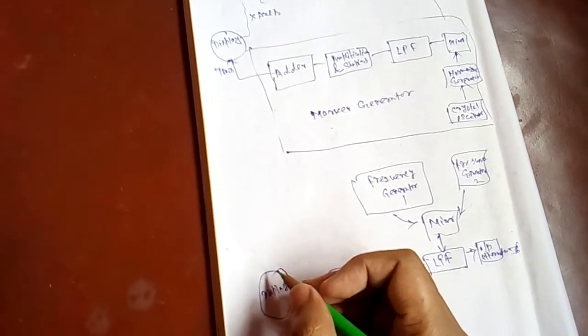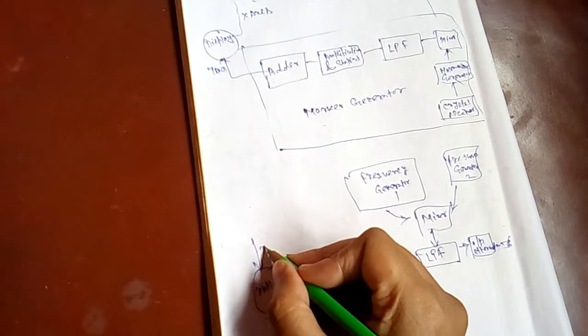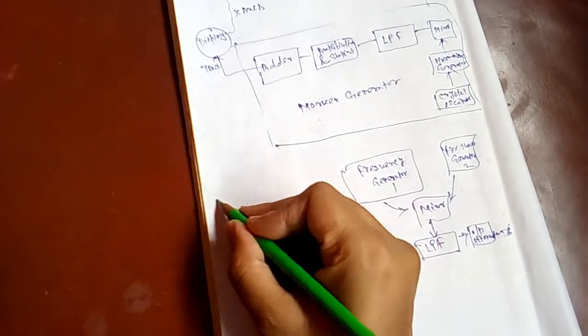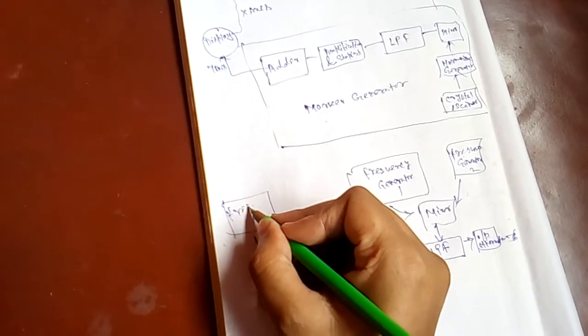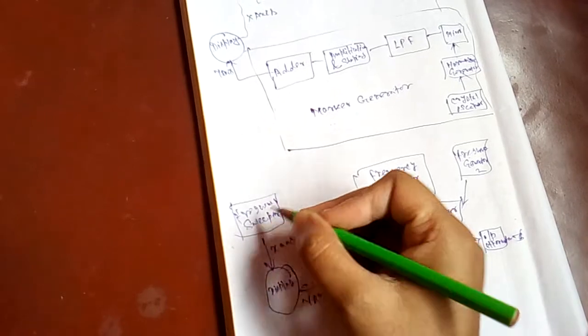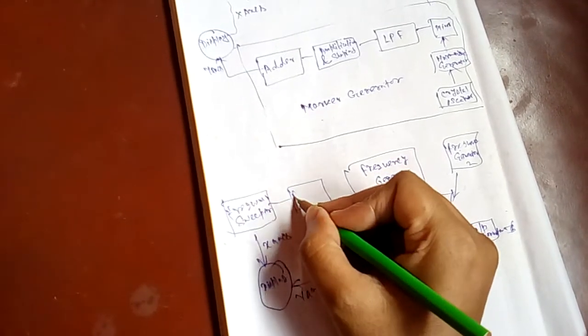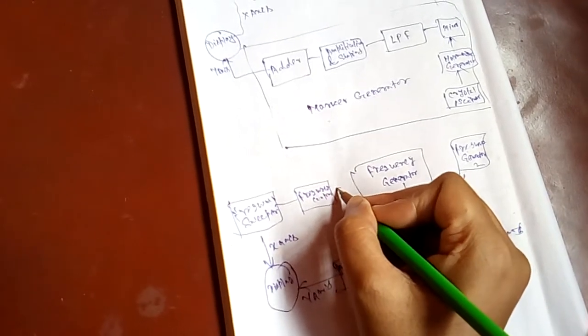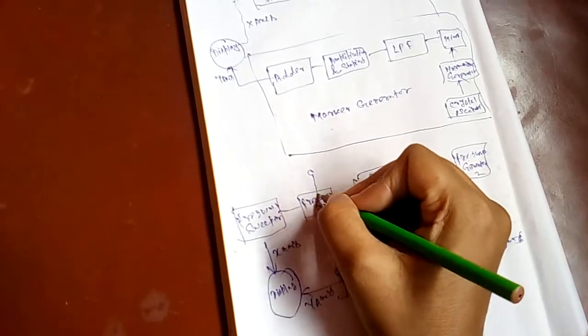And what is on the x-axis? Again there is the frequency sweeper and the frequency control, same as previously. The frequency control is done manually.